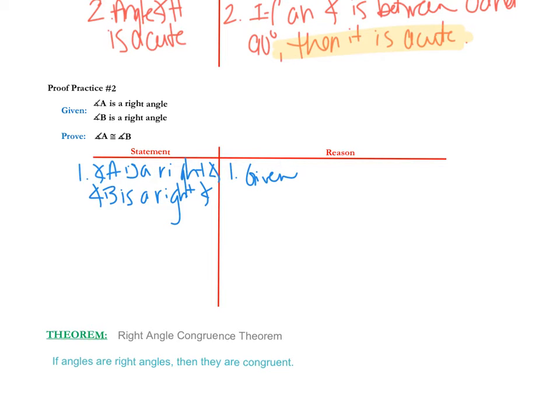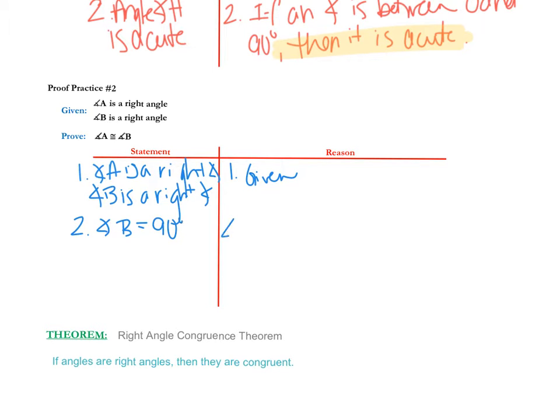So if we were to talk this out, we would say, well, what do we know about right angles? Right angles both have a degree measure of 90 degrees. Okay, well, if they both have a measure of 90 degrees, then they must be congruent. So now we have to write that out in steps. So we would say angle B equals 90 degrees.